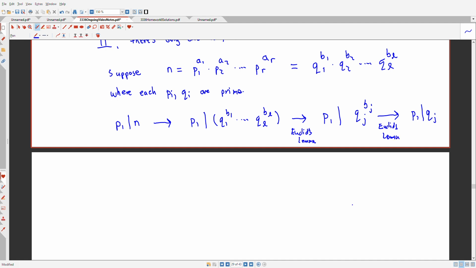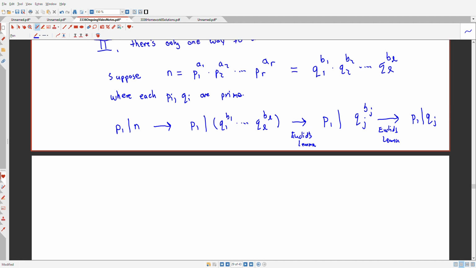But there's a problem with this. I said the q's are prime, so qj is prime. So the only things that divide qj are 1 or itself. However, since the p's are also prime, 1 is not a prime number.